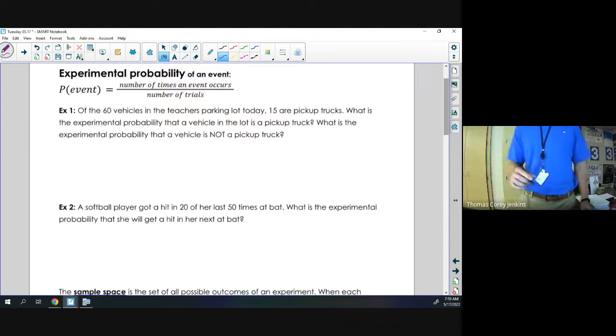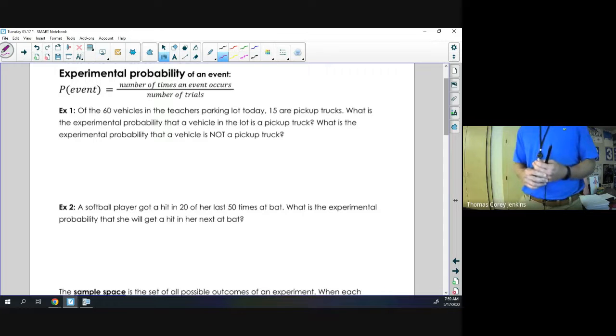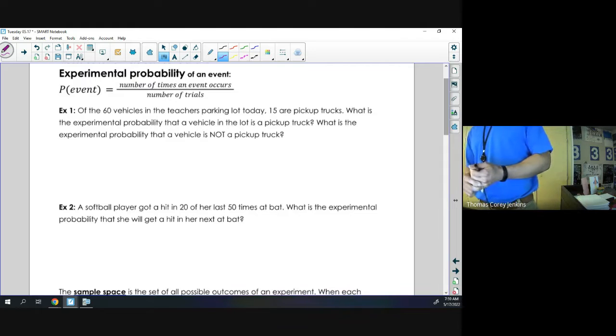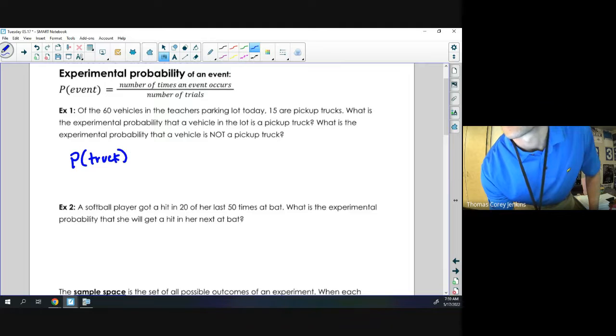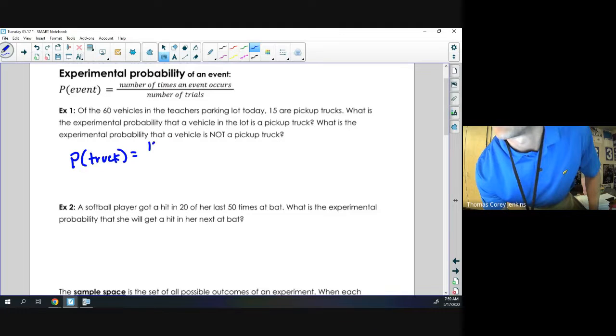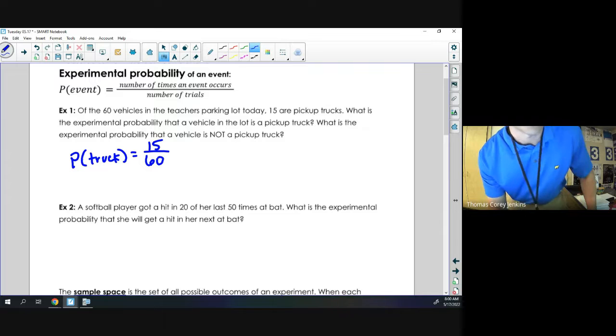Okay, so let's go ahead and jump on into it. Example 1 says, of the 60 vehicles parked in the teacher's parking lot today, 15 are pickup trucks. What's the experimental probability that a vehicle is a pickup truck and then is not a pickup truck? So probability of a truck would just be the 15, that's our desirable outcomes, and then the total outcomes would be the total number of cars.